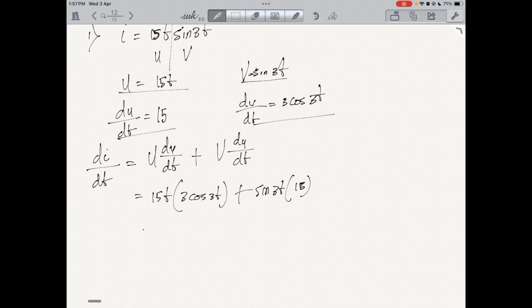After this is done, we simplify and we have this to be 45t cos 3t plus 15 sine 3t.